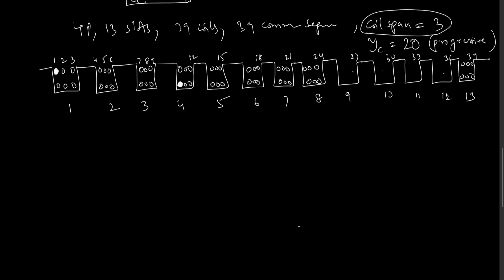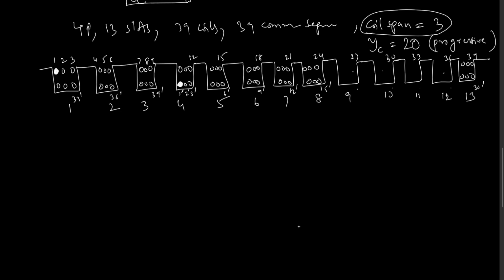This would be 1 dash, 2 dash, 3 dash, 6 dash, 9 dash, 12 dash, 15 dash, 18, 21, 24, 27, 30 dash, 33 dash, 36 dash, and this is the 39th dash.